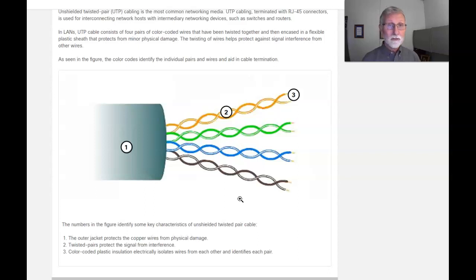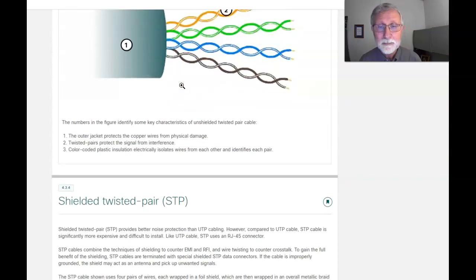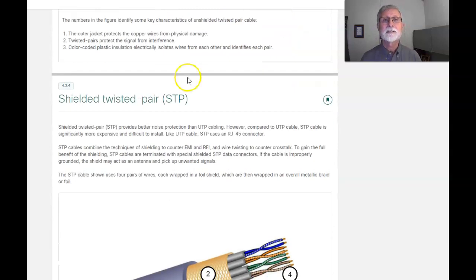If it's a straight-through cable, which means my connections are identical on both sides, then I can have the same wire pattern, because I'm going to send information electrically down each of these wires. And if it's what they call a crossover cable, there are different types. So just keep that in mind.